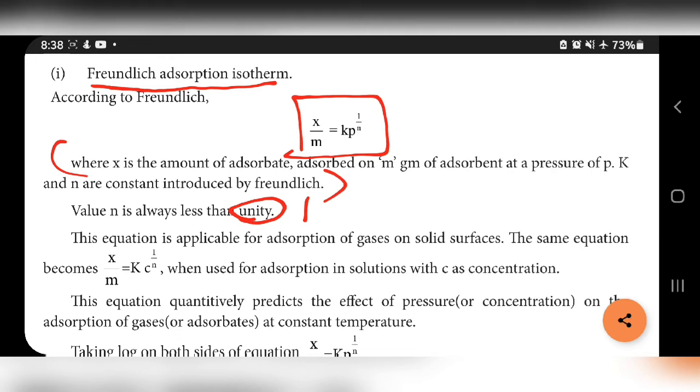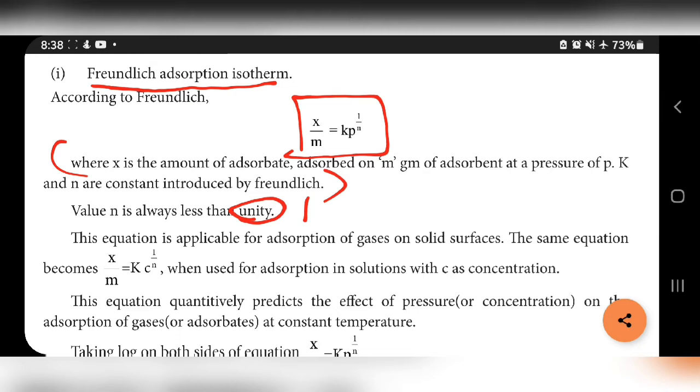So in this equation, x means adsorbate, m means adsorbent, p means pressure, k and n both are constants introduced by Freundlich. The value of 1 by n is always less than 1. This equation is applicable for adsorption of gas on a solid surface.